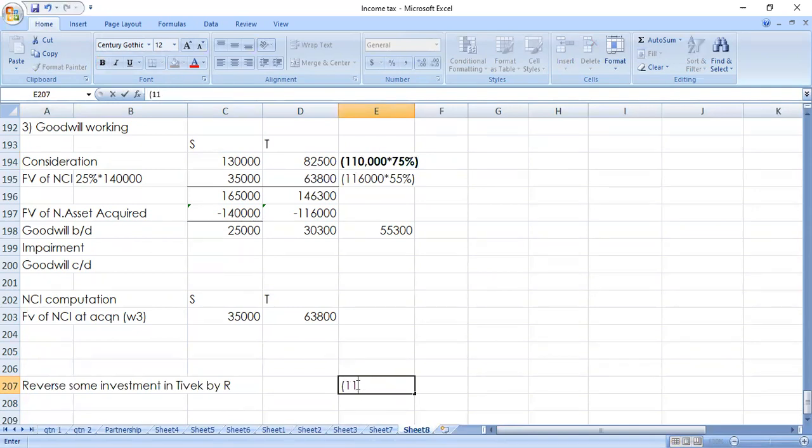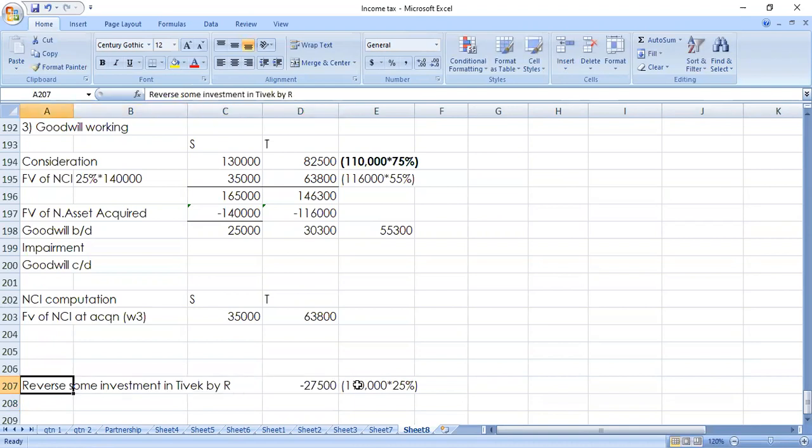It is 110,000 times 25%. The remaining percentage will come here as negative, 25%. That is what we do with vertical groups.